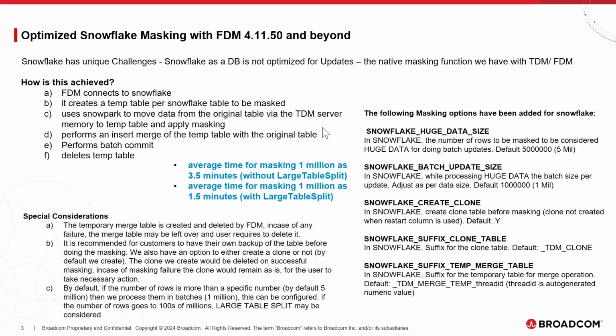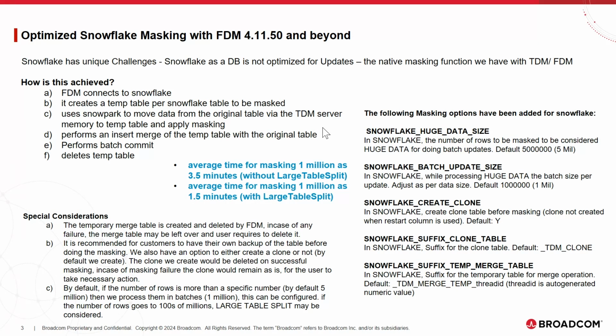Some of the new masking options that have been introduced in FTM and the TDM portal include these 5. The first one is Snowflake huge data. This parameter applies when you have a large volume of data, specifically more than 5 million rows per table, which is automatically assumed to be huge data in TDM language, and the batch mode of update is automatically enabled.